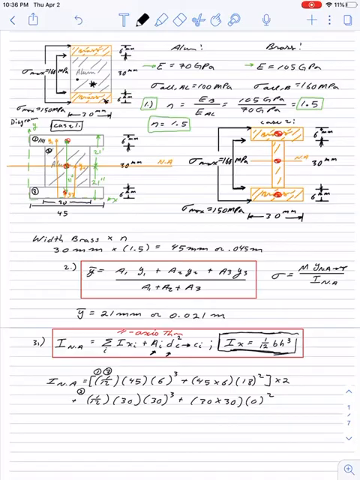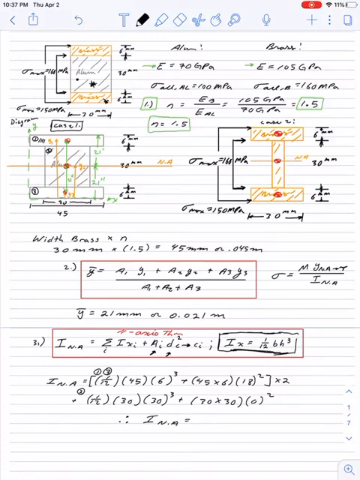So we can conclude that the moment of inertia with respect to the neutral axis is 2 times 1 divided by 12 times 45 times 6 cubed, plus 45 times 6 times 18 squared, then we're going to add that to 1 divided by 12 times 30 times 30 cubed.